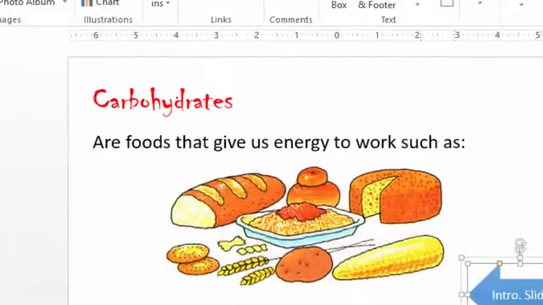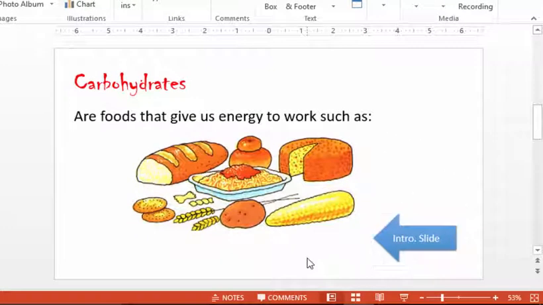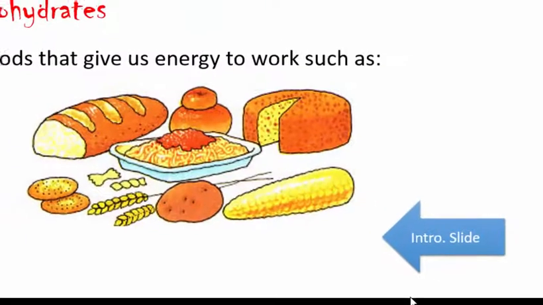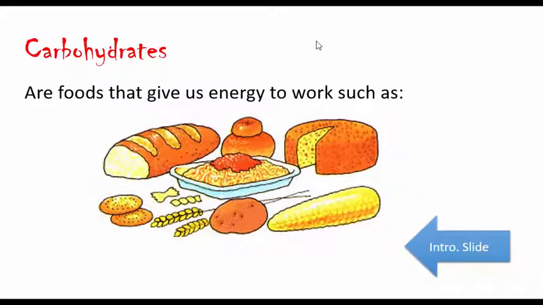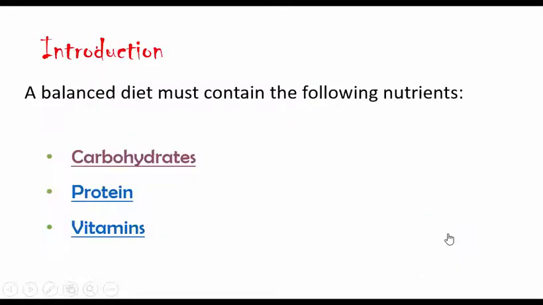So I have hyperlinked this shape to the introduction slide. Let me save the changes I've done and review it now. So here, I can now come here and click this and it takes me to the introduction. I'm going to press escape.